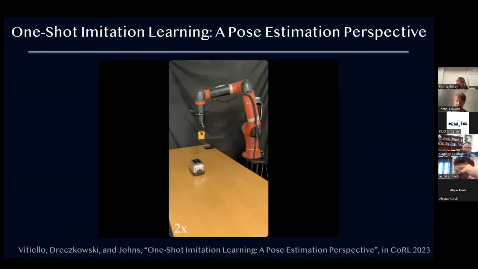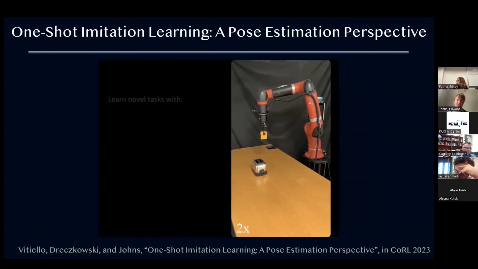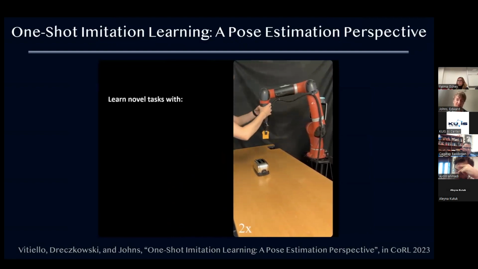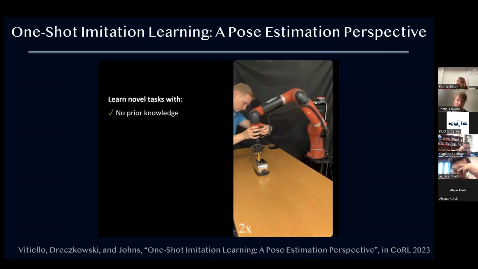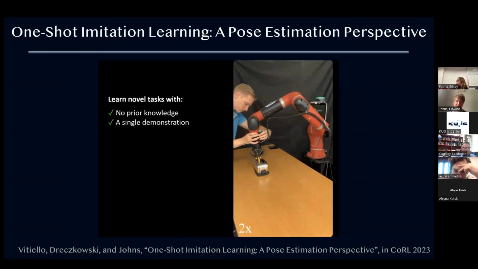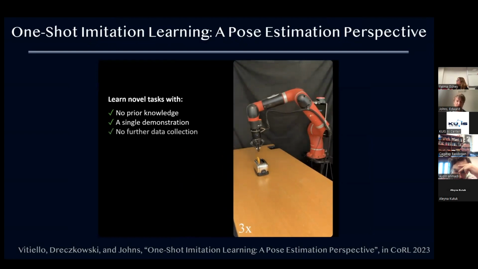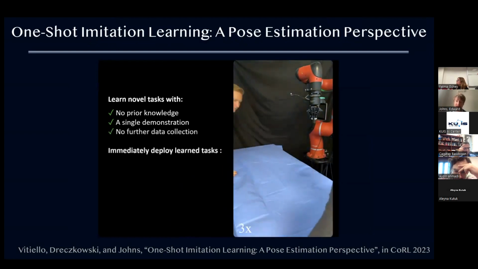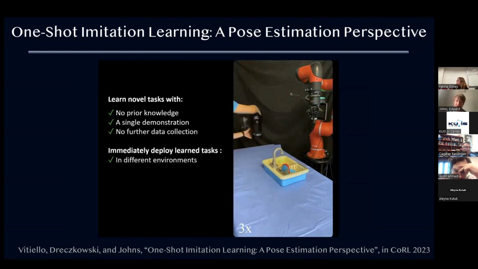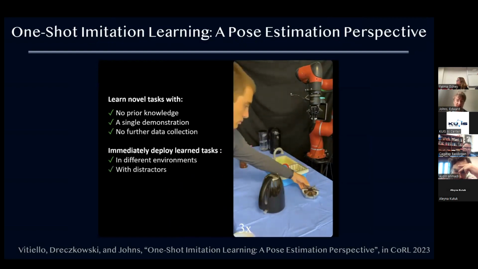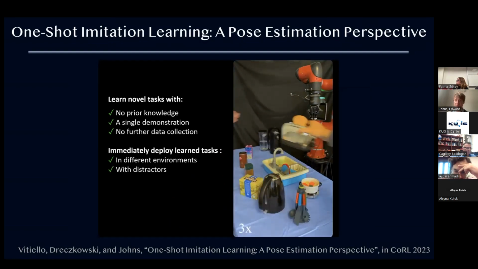Let's see what this looks like in the real world. Okay, so this is one of my students here teaching a robot how to place a toy piece of bread in a toaster. He's providing this single demonstration, and that's all that we need to provide for the robot. As you can see here, the robot is now going to deploy that skill immediately afterwards. There's no actual training here, and it's not collecting any further data.